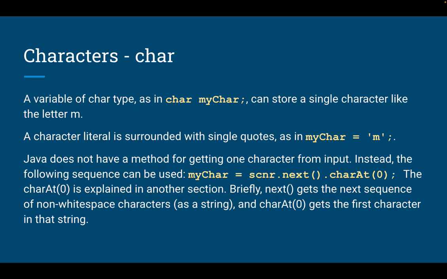So characters are different than strings. It's very common, guys. Every programming class I've taught, it's very common for everyone to confuse this. You'll notice that the character uses single quotes. In Java, we always use single quotes to refer to characters. When you're using strings, you use double quotes.